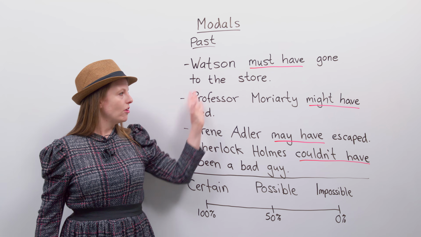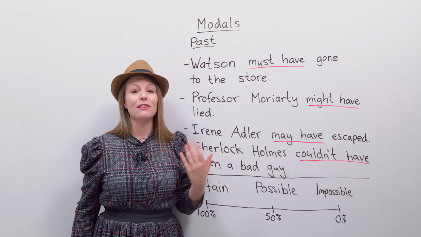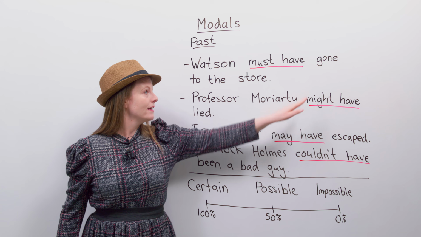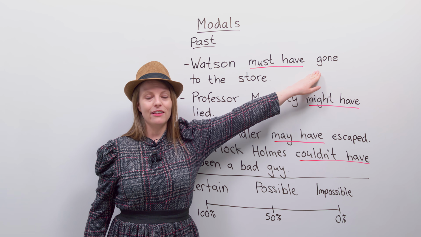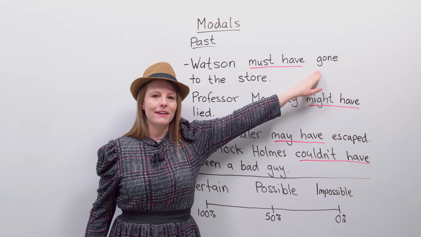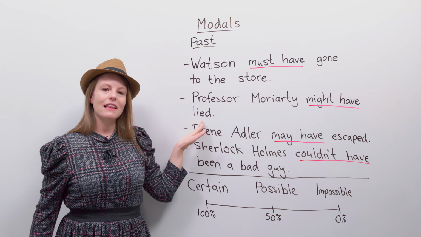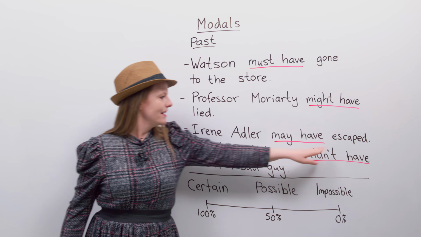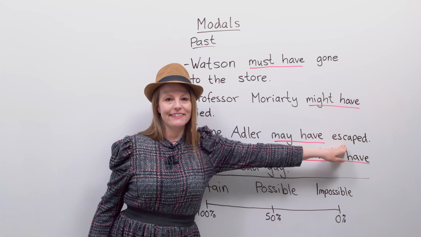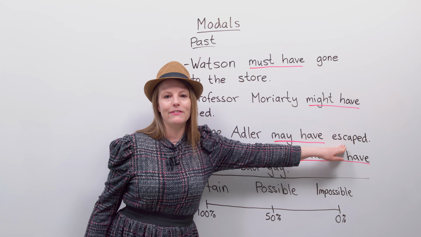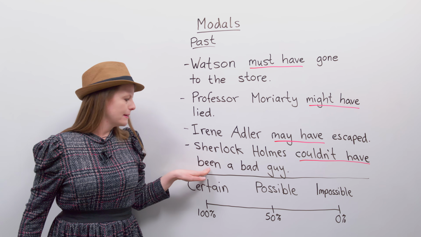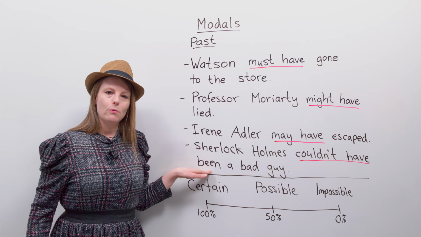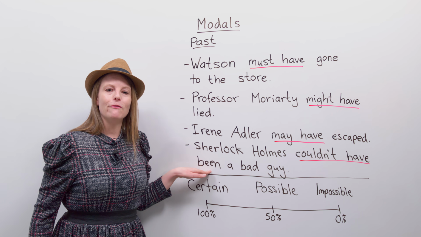And finally, with all of these sentences, we also have the third form of the verb, gone, which is the third verb form of go. Lied, that's the third form of lie. Escaped, this is the third verb form of escape. And been, which is the third verb form of be.